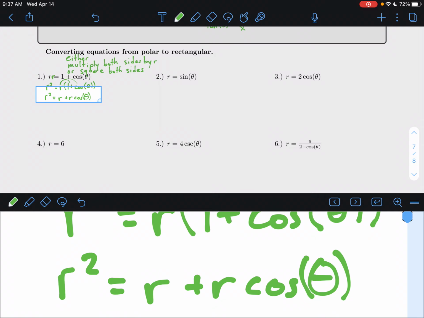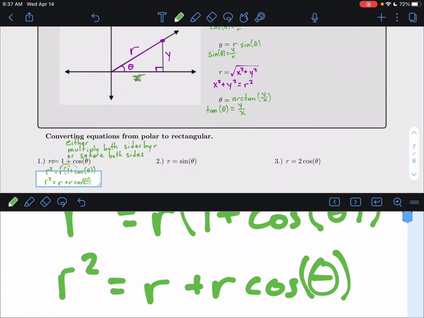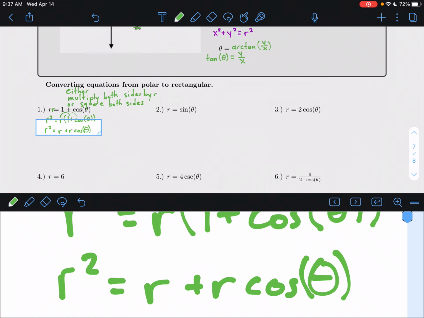And now that I have all this, I'm going to rewrite this in terms of x and y, because rectangular should only be in terms of x and y. Polar should only be in terms of r and theta.